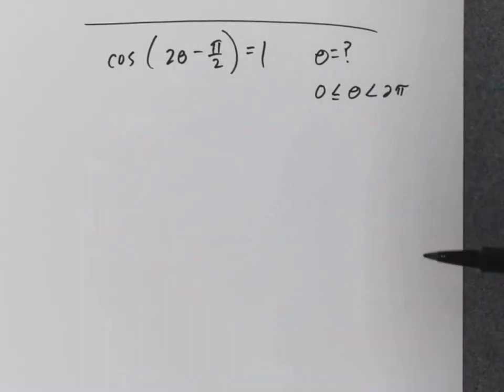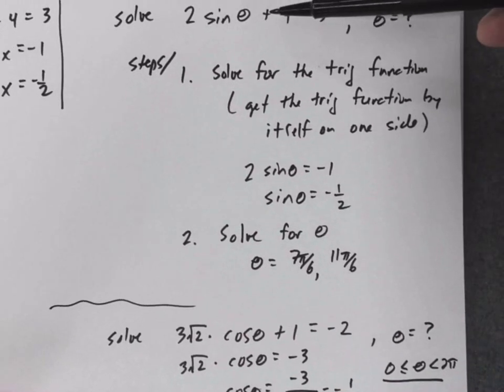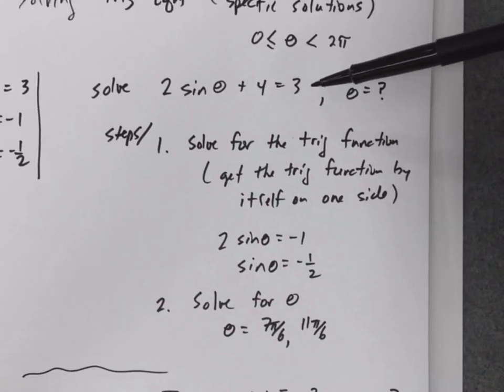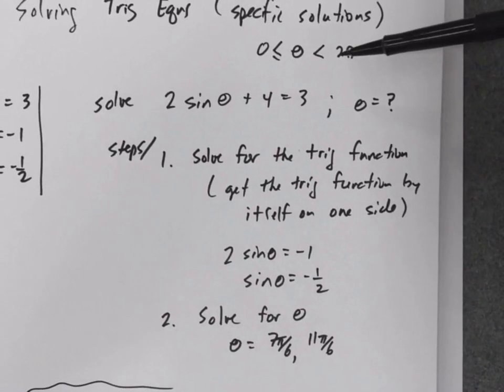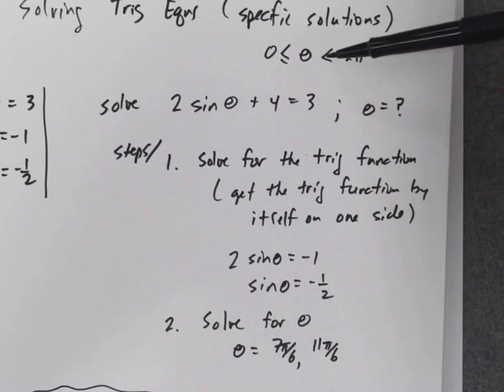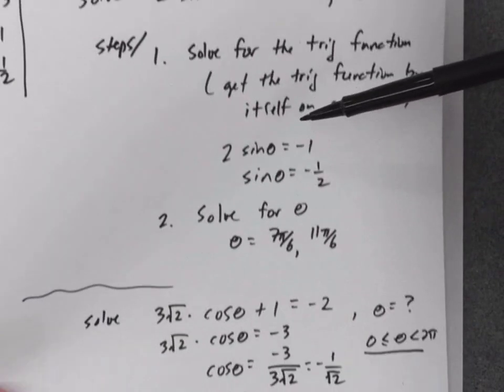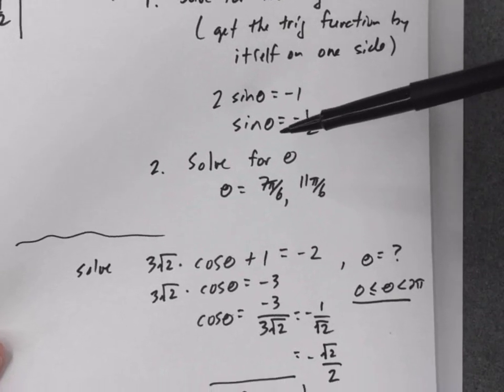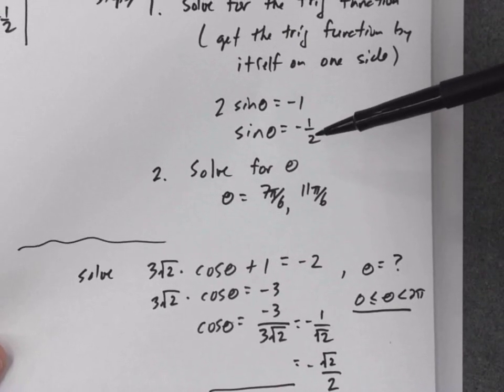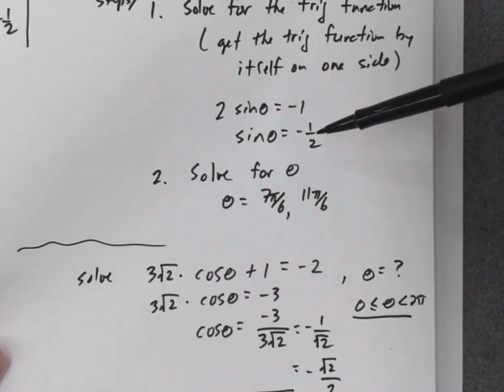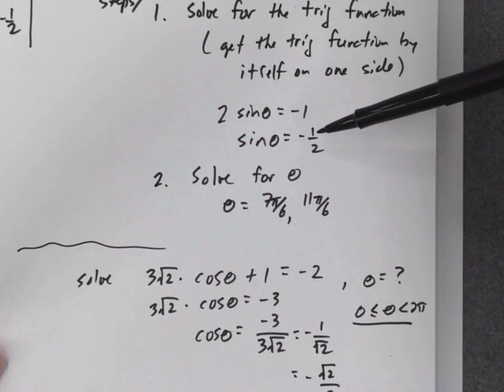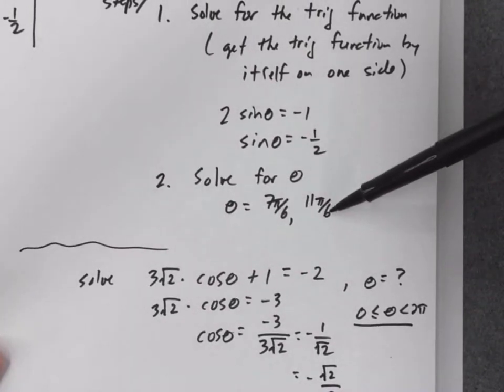Let me look at another problem we did. 2 sine of theta plus 4 equals 3, and they were asking for the solutions between 0 and 2 pi. So we solved for the trig function, sine of theta equals -1/2, and then we simply took one trip around the unit circle, found 2 angles, and we were done.